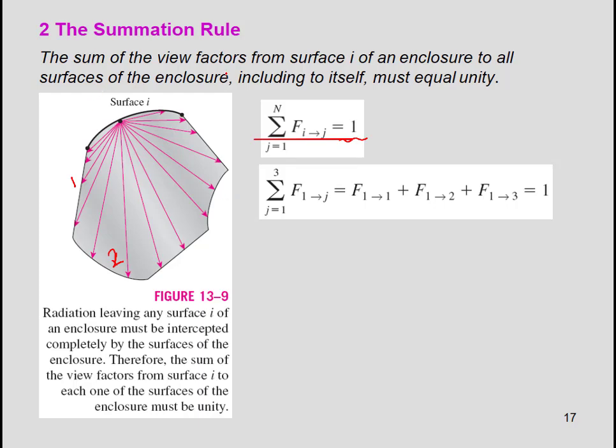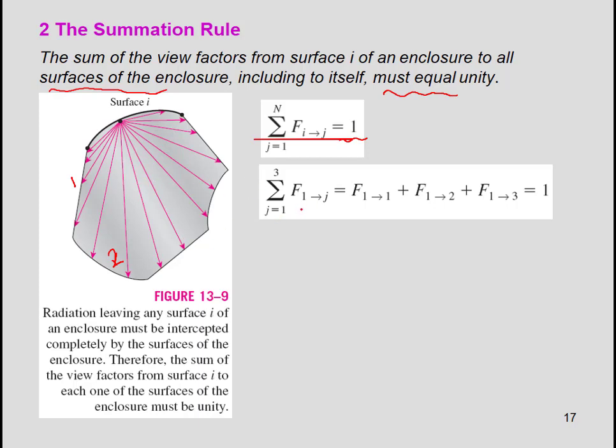So the sum of the view factors from surface i of an enclosure to all surfaces of that enclosure, including itself, is equal to unity. Including itself is the important part. If it is a flat surface, it will be 0 for itself, but here it is concave, so it has a self view factor. So we can write this equation.